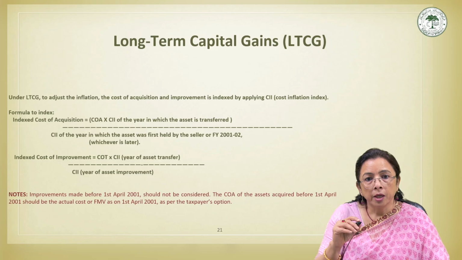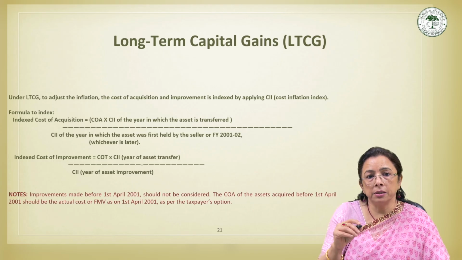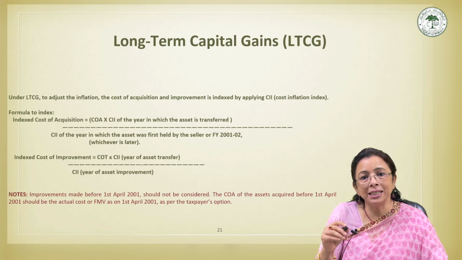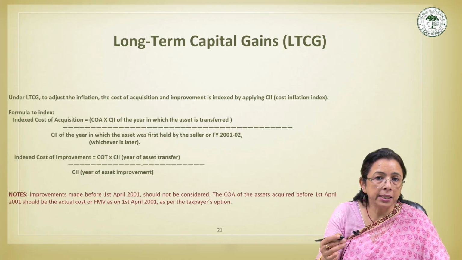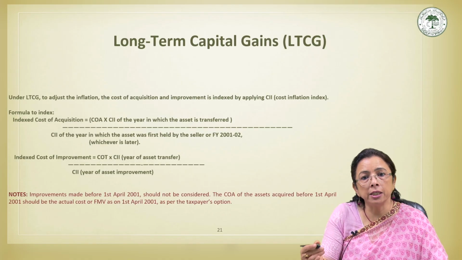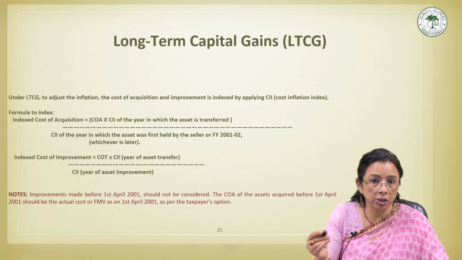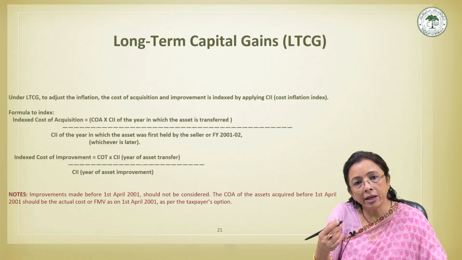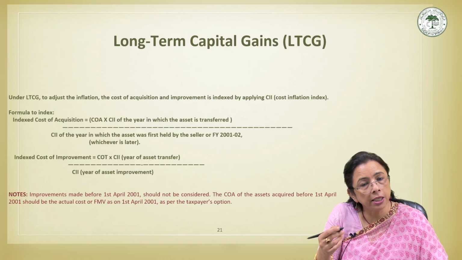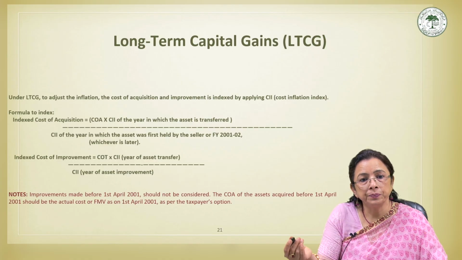Why? Because price increases over time due to inflation, and taxing without adjusting for inflation would be unfair. As I said, we have to take into consideration the indexation part, or maybe the time value of money, because the time value changes over the time period.